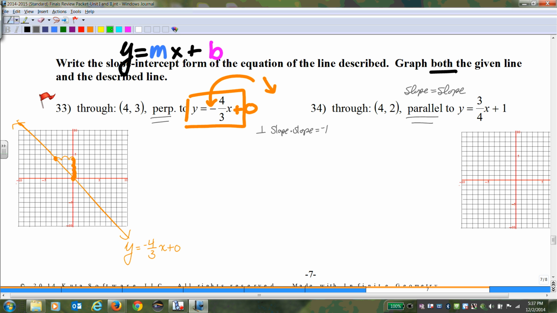Okay, so step 1 is, let's write our equation out. y equals mx plus b. Our given slope is negative 4 over 3. So we ask ourselves, negative 4 over 3 times what equals negative 1? You should recognize that it's the opposite reciprocal.